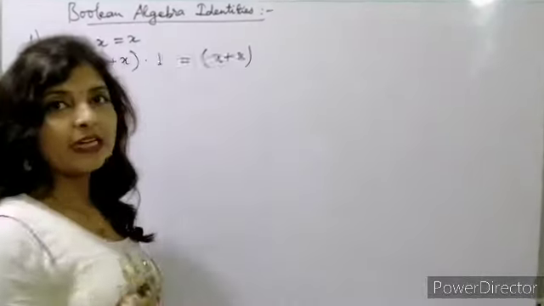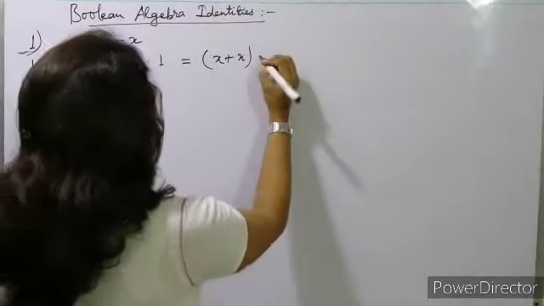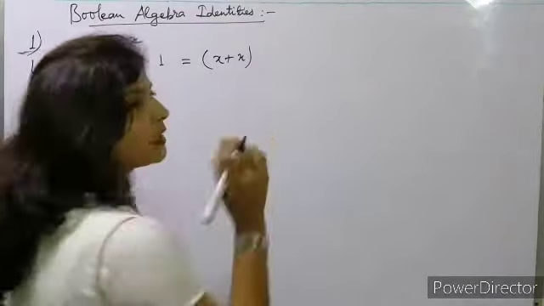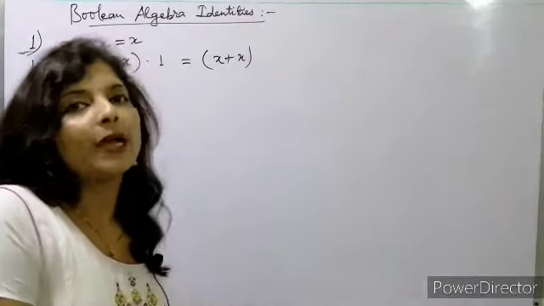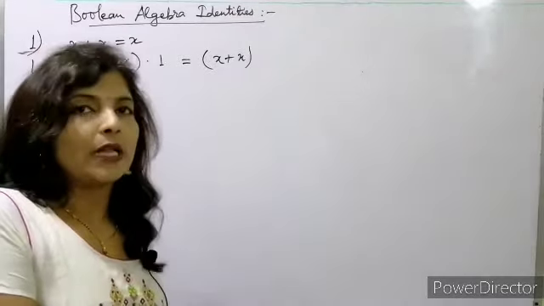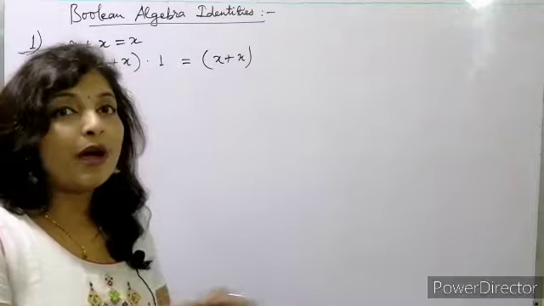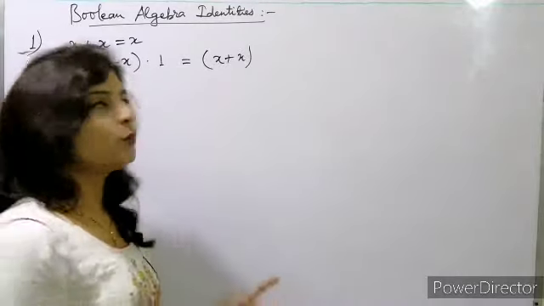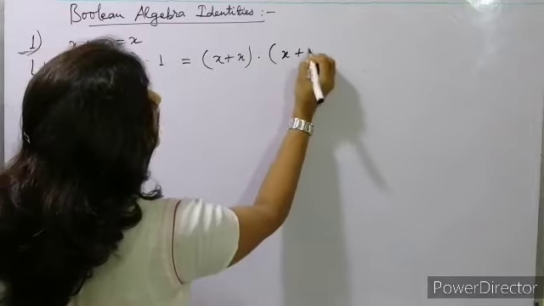Okay, we have seen in the fifth postulate that when we are adding anything to its inverse, we'll get 1. That is, A plus A inverse, A plus A bar, A plus A dash will be equal to 1. So can we write, in place of 1, x plus x inverse?